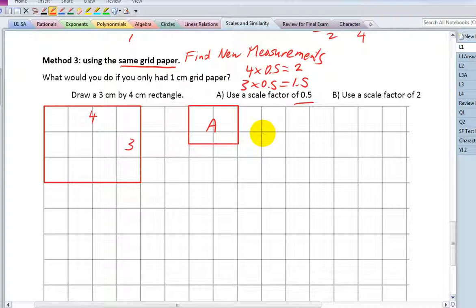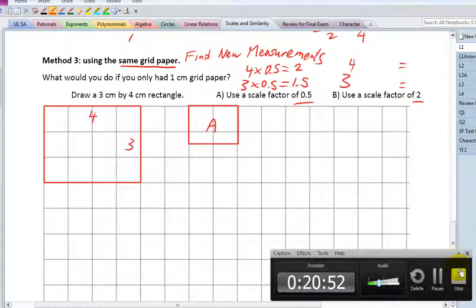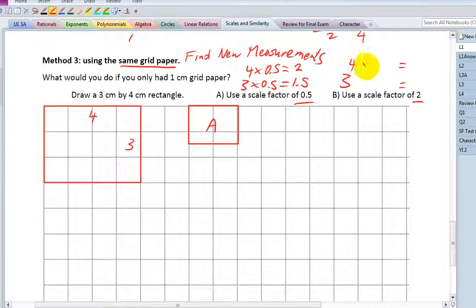Notice you don't have to be on the grid lines. Look at my A rectangle. 1.5 is going to be in the middle. Now for B, you're going to do the same thing, except from your original of 4 and 3, you have to find your new measurements. So please do some math to find your new measurements and then draw it. Go. Now you're going to multiply by 2 to get 8 by 6.